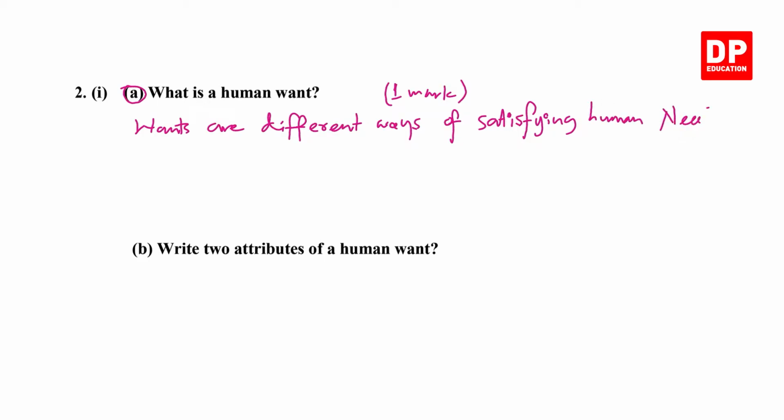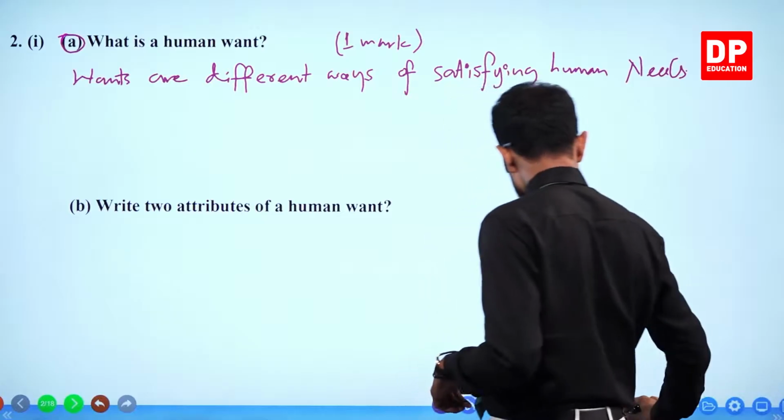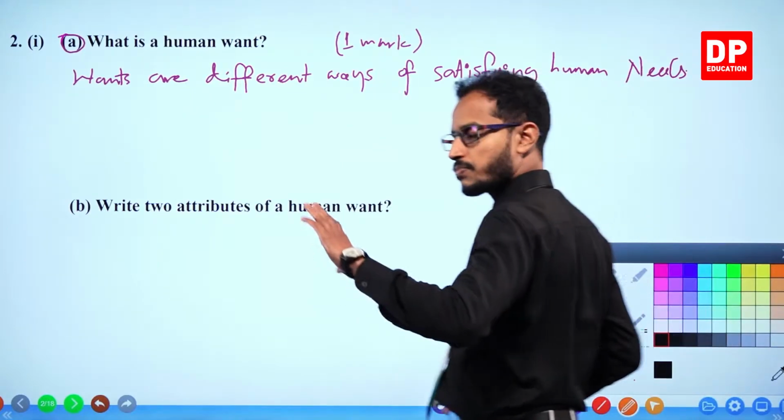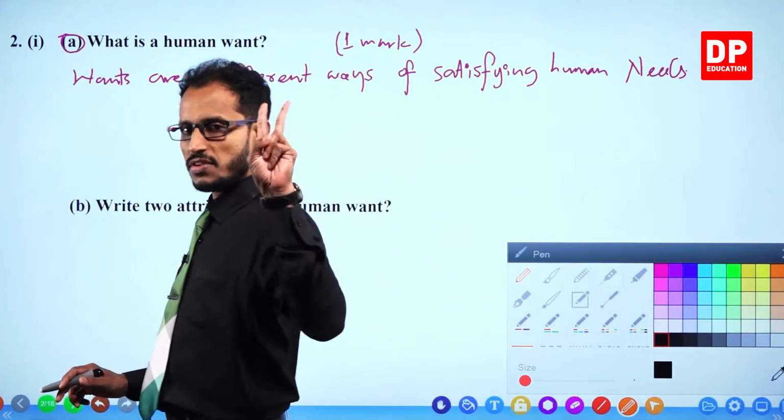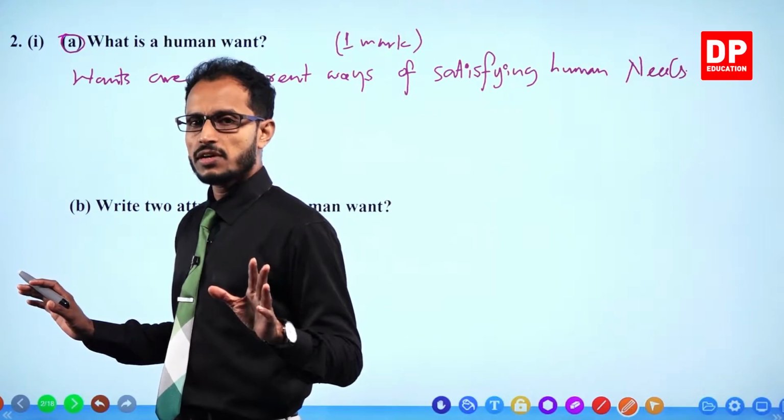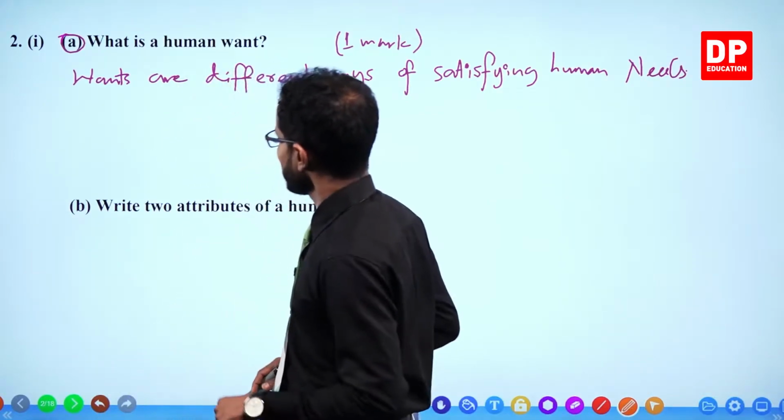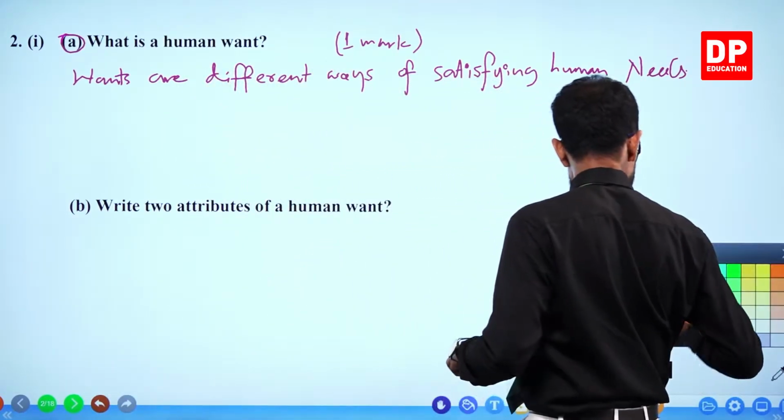Okay, that's an acceptable answer, very good. But I have another one for you. Choose whichever you like out of the 2 definitions. Second, I'm going to give you another definition for wants.